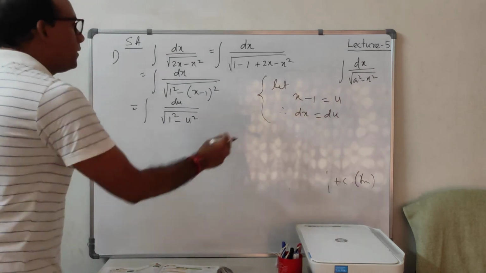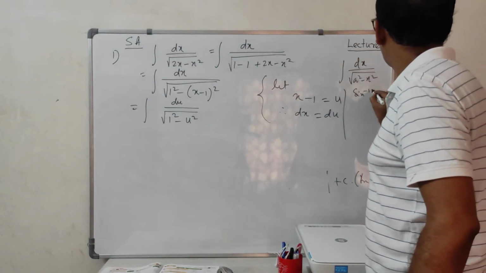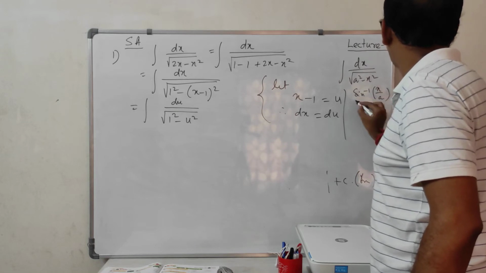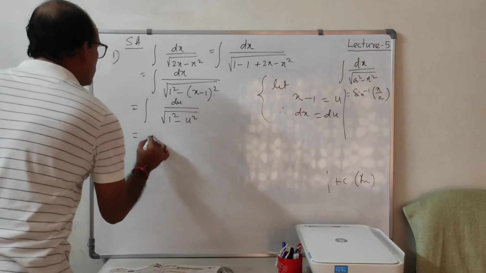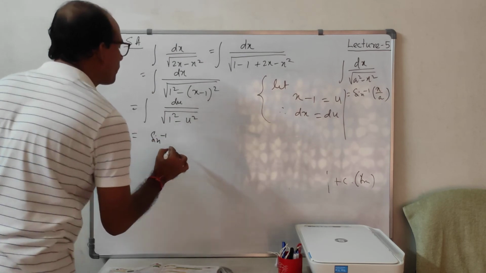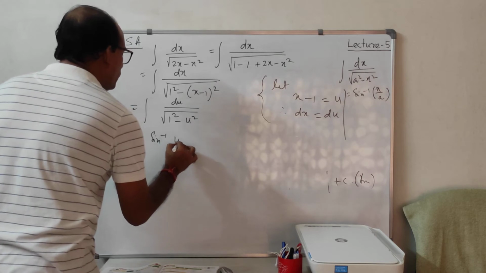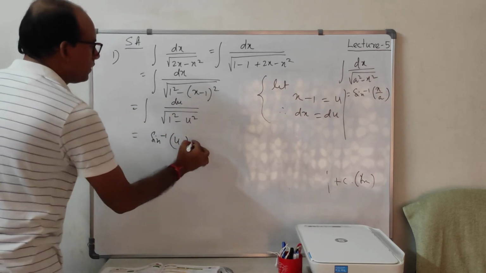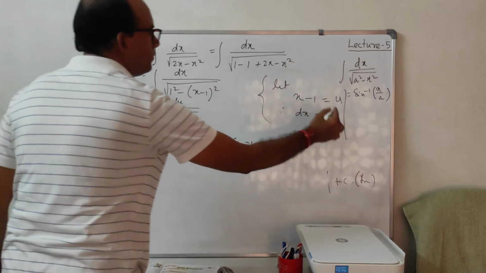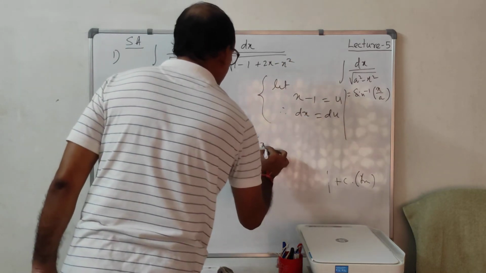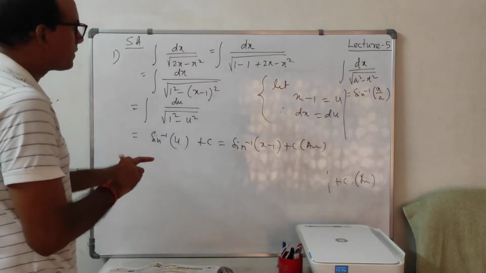So what was the result? The result was sine inverse of x upon a. So just put sine inverse of u upon 1. That is sine inverse of, what is u? u is x minus 1. That's it. So this is the answer. Just note it.